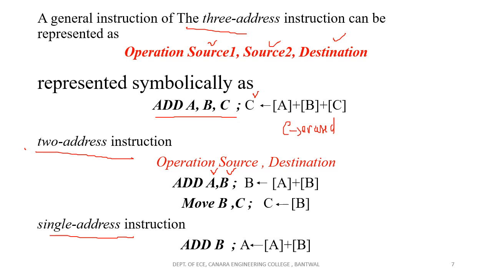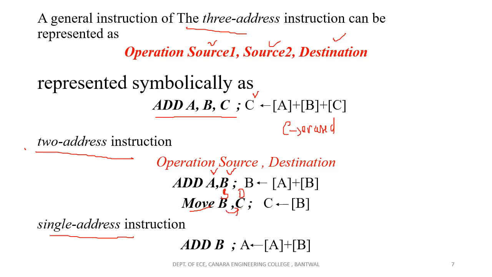Even here the content of B register gets erased. However, the sum is present in B. If you want to copy it to C, then you need to use the instruction move B comma C. In this case, B is the source and C is the destination. The content of B is copied to the C register.